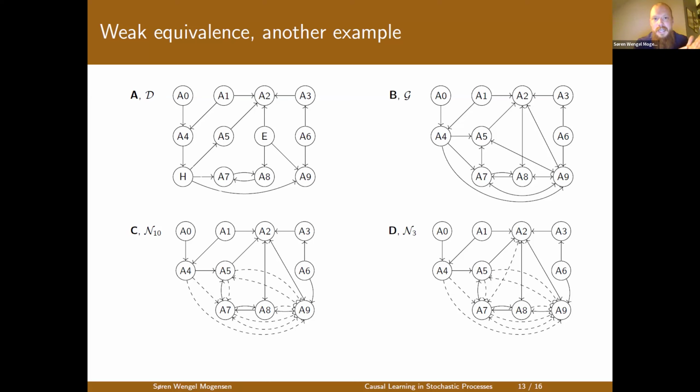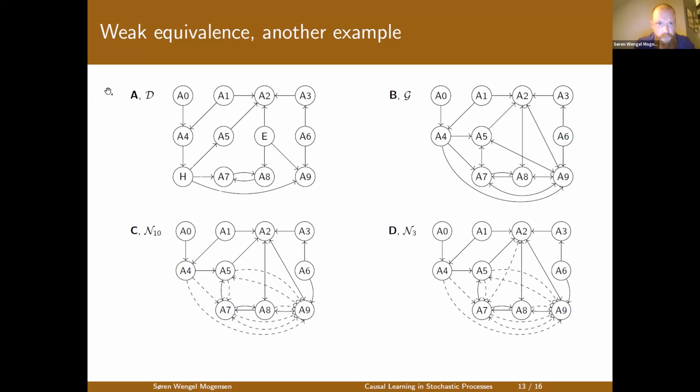One can somewhat quantify this, but this is still work in progress: if I'm in a somewhat sparse graph, the difference between the information in the Markov equivalence class and in a k-weak equivalence class may not be that large. So this is just one such example.